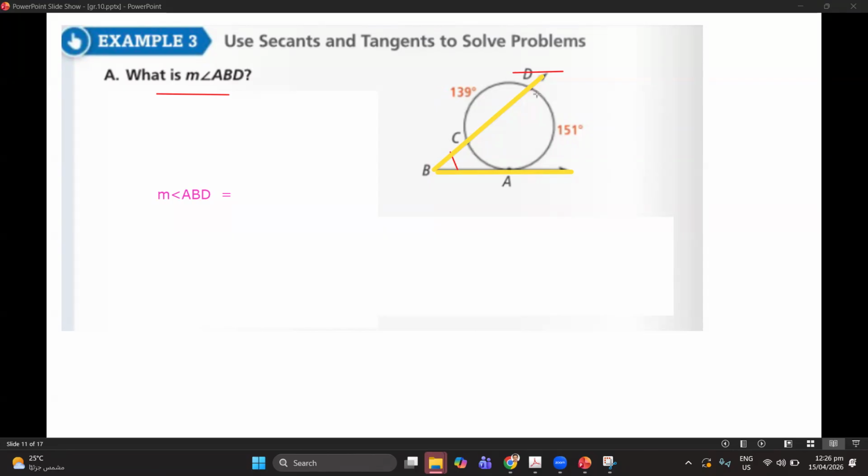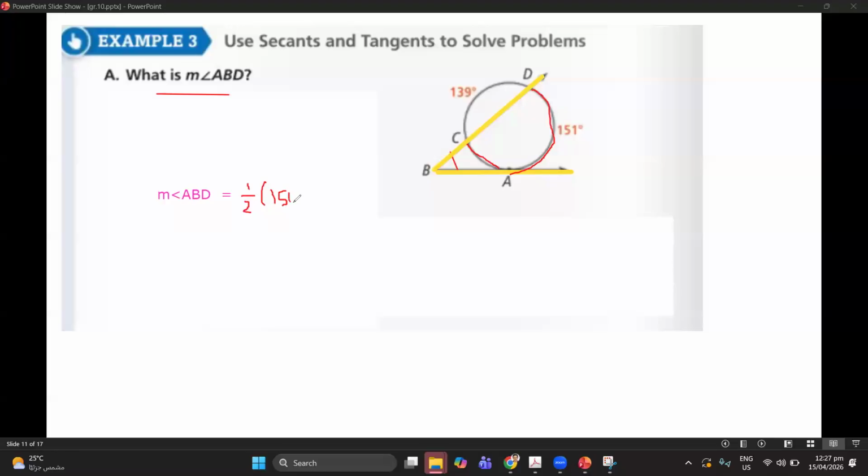First is AD, and the second one is AC. So the measure of angle ABD is half the greater one, which is 151.